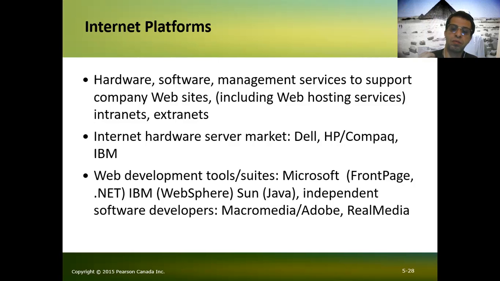The internet server market is run mostly by Dell, HP, Compaq, and IBM. They are servers, not a mainframe, but IBM, as part of their mainframe line, also has the internet hardware server. When we talk mainframe, it means all the hardware and networking that's required is within one piece, yet with servers it is separated.